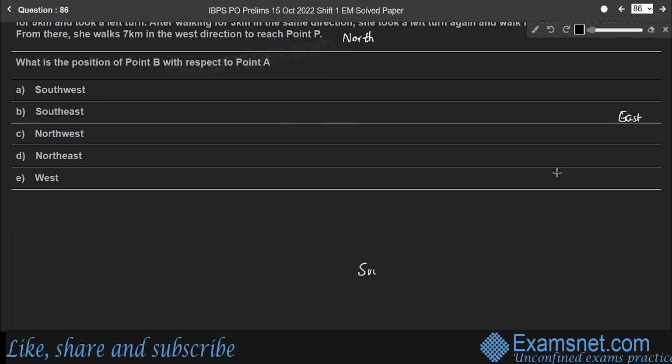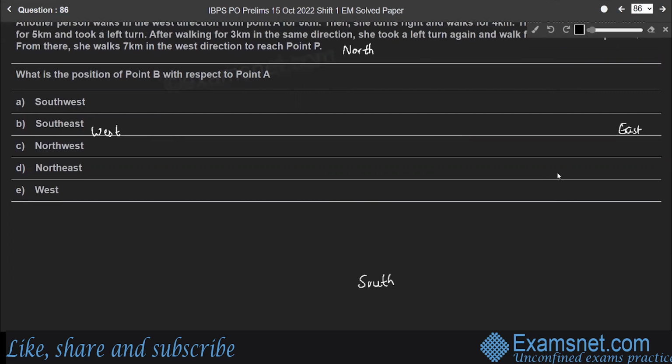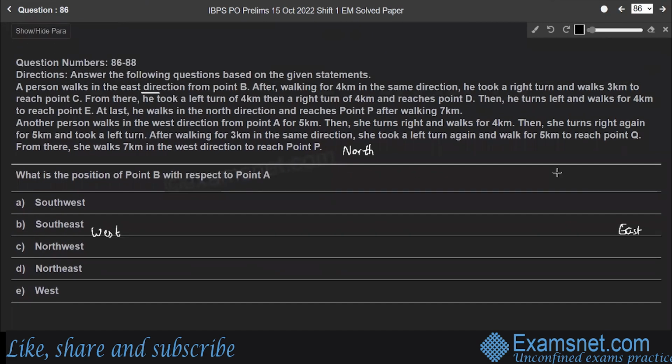Let us consider point B somewhere here. The person walks in the east direction from point B, walking for 4 km in the same direction. He took a right turn. So right turn of the person is downwards and walks 3 km to reach point C.